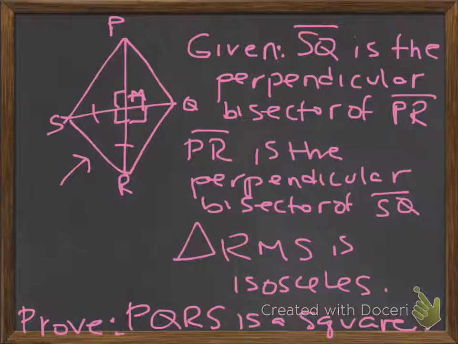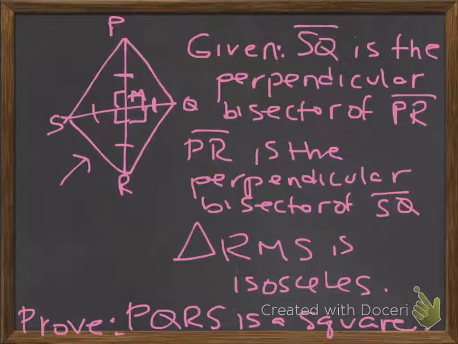So if we just substitute another side and another side for it, then we can say that they're all equal because they're bisectors, so they make each part of the diagonals equal.